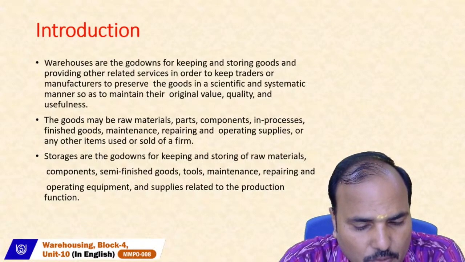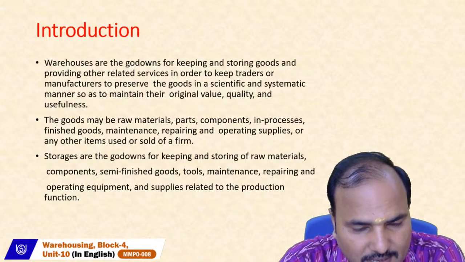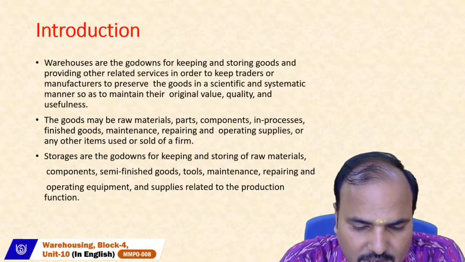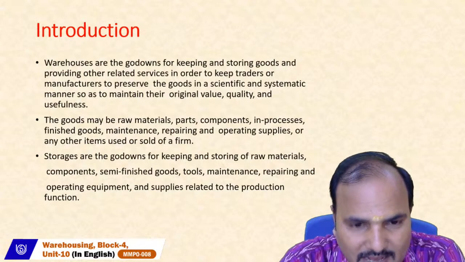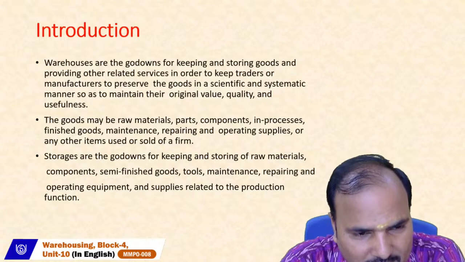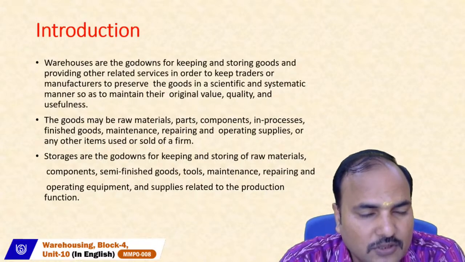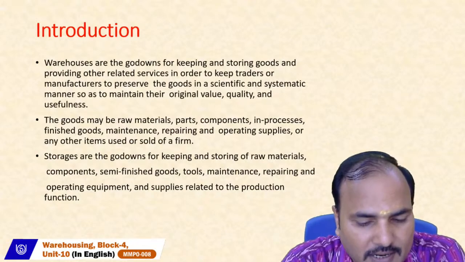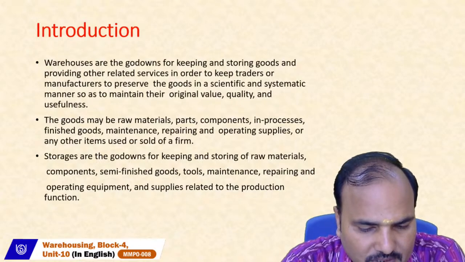After that, there are value-added services, like labeling, repackaging, quality inspection, assembling, and customization for different markets, which happen in warehouses. So these are the different value-added services in the warehouse system.